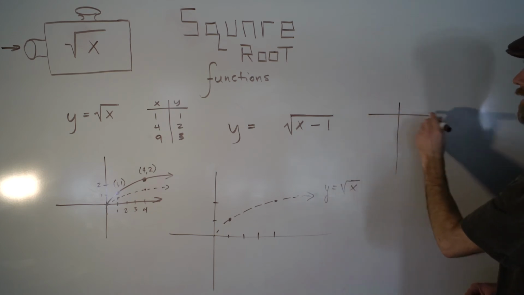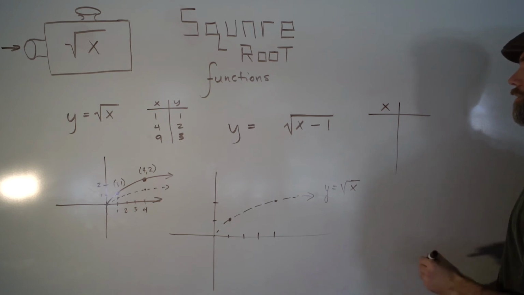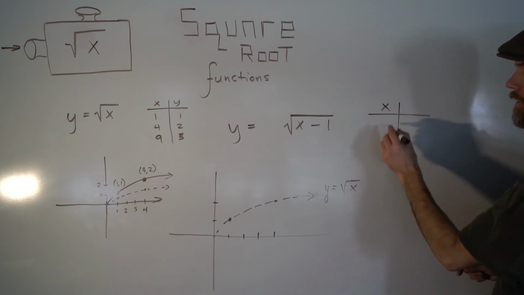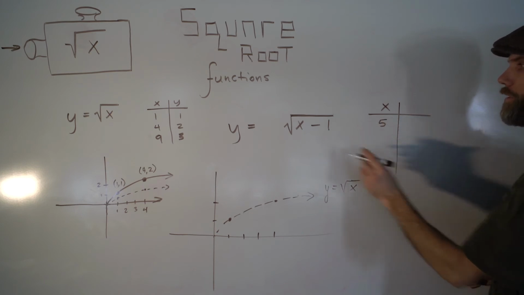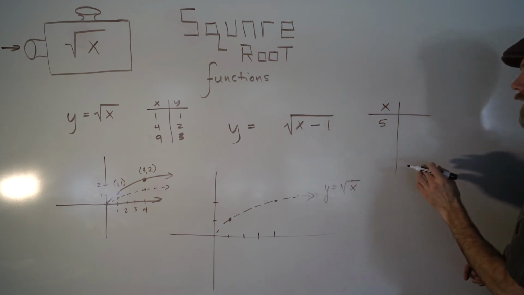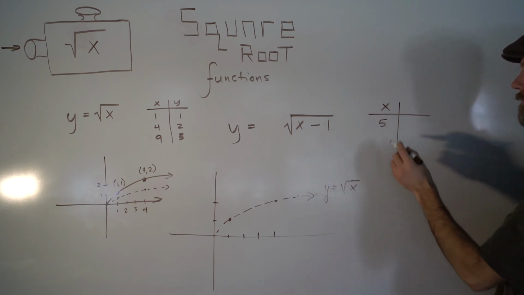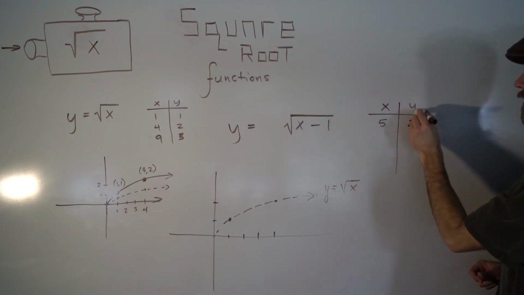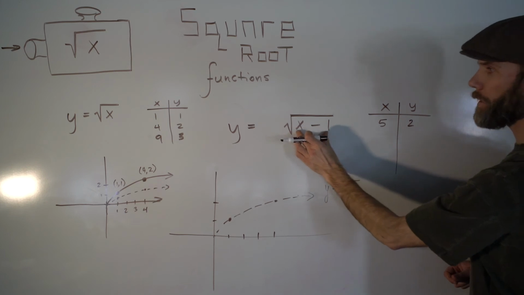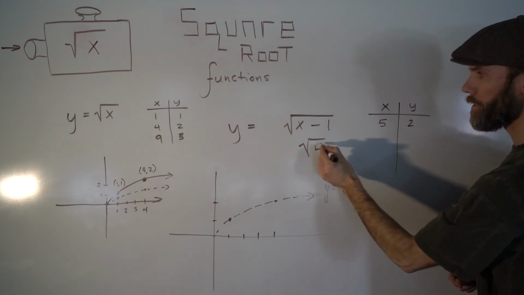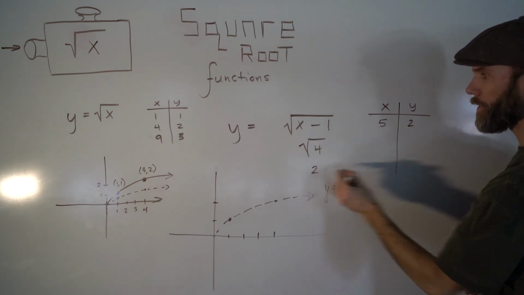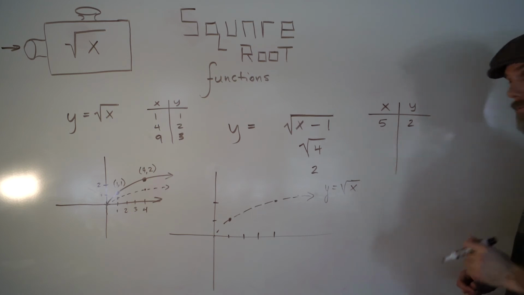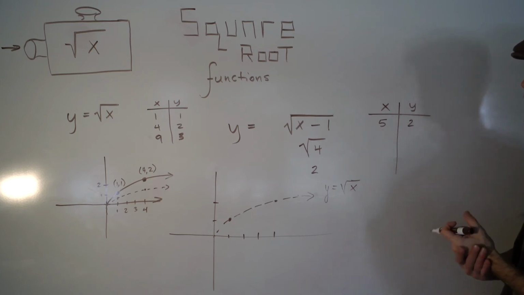Okay, so what if I put in a 5? If I put in a 5, 5 minus 1 is 4. So root 4 is 2. Okay, so 5 minus 1 is this, and that equals this, right? So 5, 2. All right.